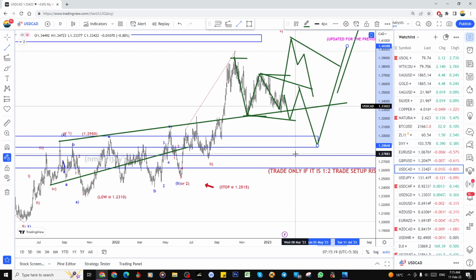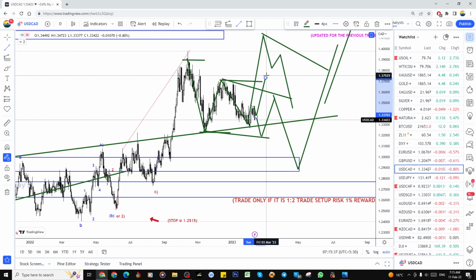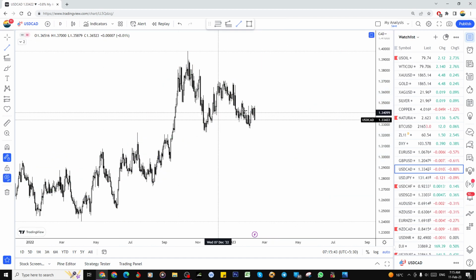So Euro USD, GBP USD, DXY, everything is in the correction part. If the DXY gets strengthened from here, it can do like this also. If it has not broken this previous low, there is a chance to break this high and one more low. So anyway, I'm looking for this correction. So what does this mean?